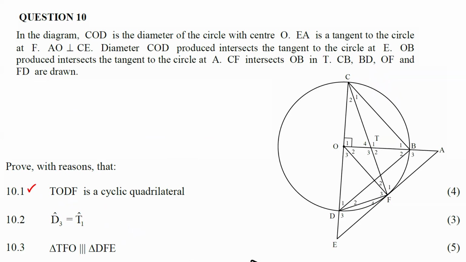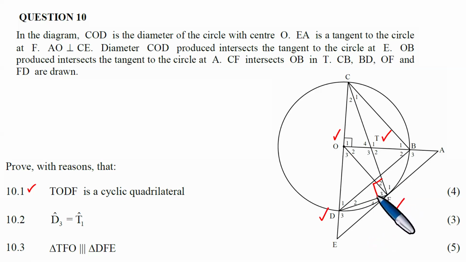So how do we prove that TODF is a cyclic quadrilateral? One way to do this will just be to show that the angle O1 is equal to F2 plus F3.